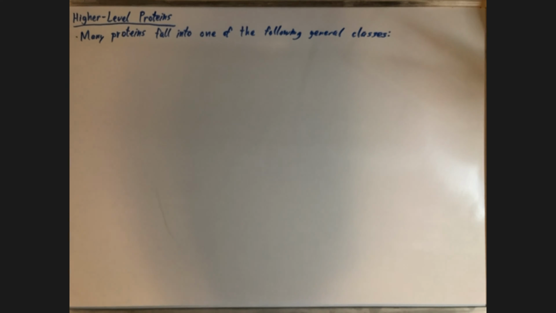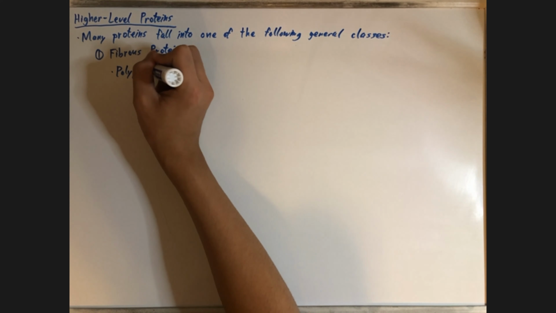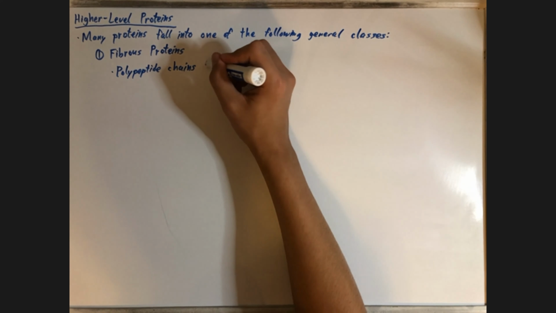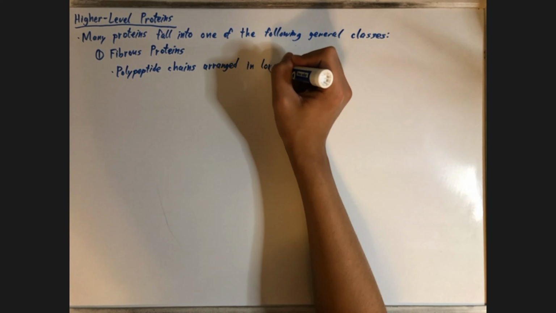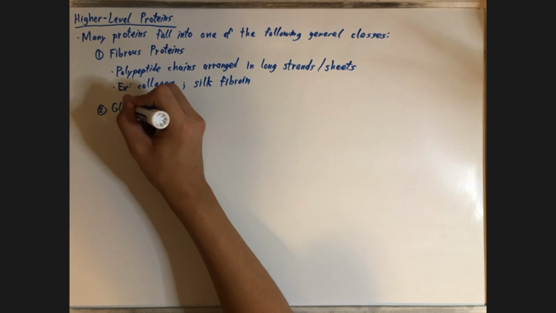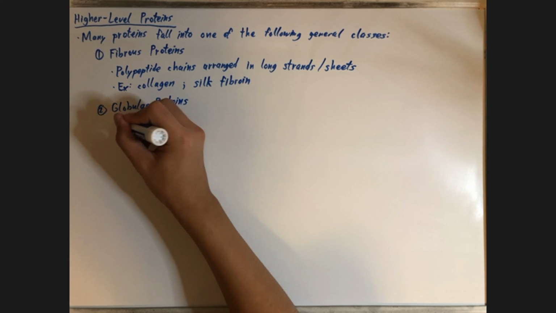First, we have fibrous proteins. These are polypeptide chains that are arranged in long strands or sheets. For example, collagen is arranged as a long strand, and silk fibrin is arranged as a long sheet.